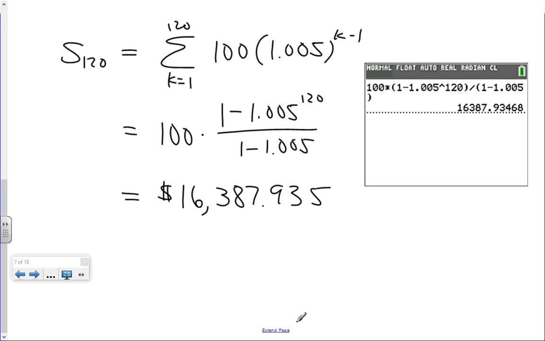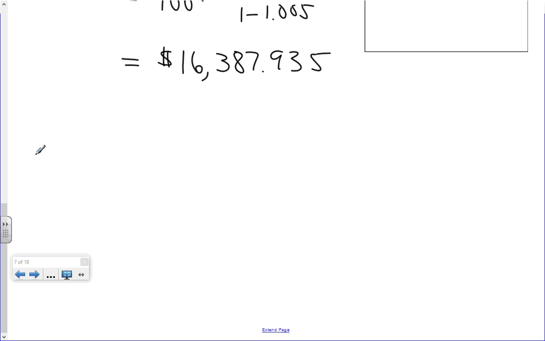Part B, oh wait, that is not all part A. Part A said, first of all, how much is in the account after 10 years, and then the second part of that is how much of that is interest. So I need to subtract off how much I've actually deposited to figure out how much interest I've earned. So the amount of interest, I take S sub 120, and I subtract off from that the amount I've actually deposited.